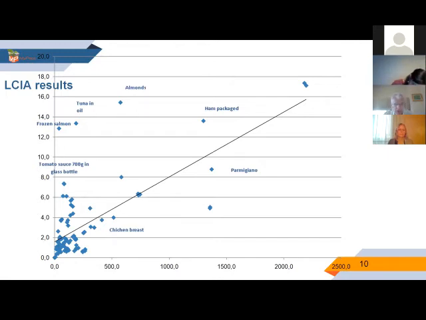Another clustering we did is looking at food products with a low environmental impact, and they tend also to have a low cost. So you see some kind of correlation in this graph. Well, it doesn't hold for all points, but there is some correlation. So the lower the cost, also the lower the impact.